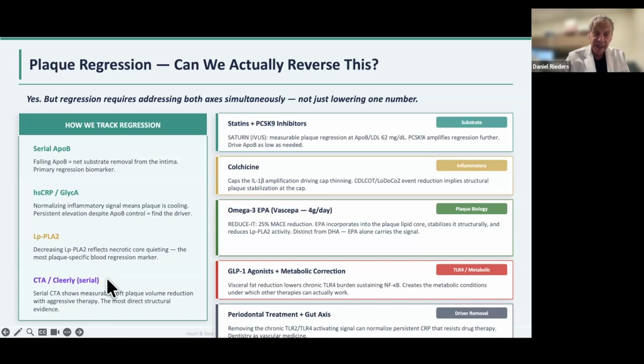Those are radiation, so we don't want to do too many of those. But getting a really solid marker of where we are really helps cardiologists manage their patients.